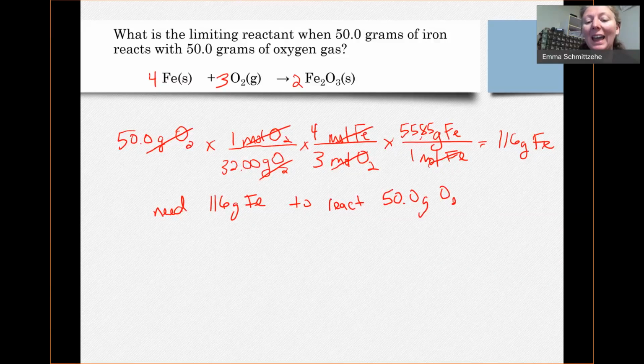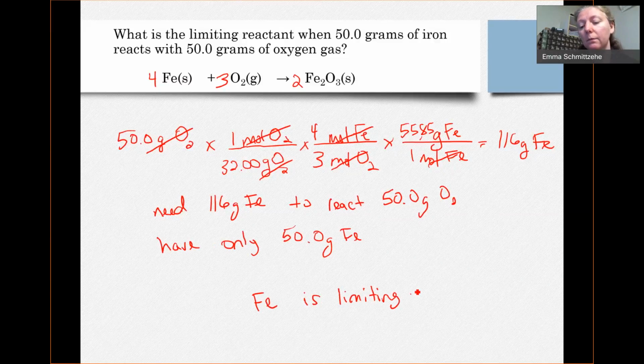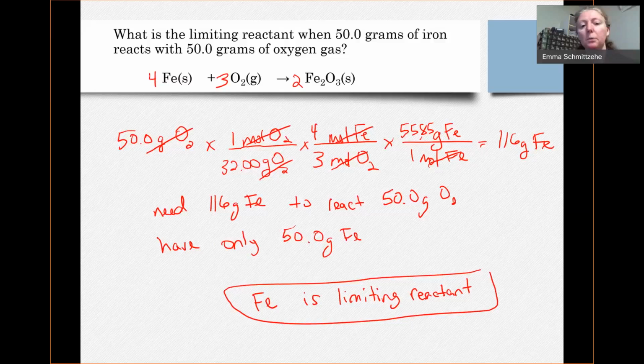Okay, but I have 50.0 grams of iron, meaning I don't have enough iron to react all of my oxygen. That means that my iron is my limiting reactant. Okay, so there we go.